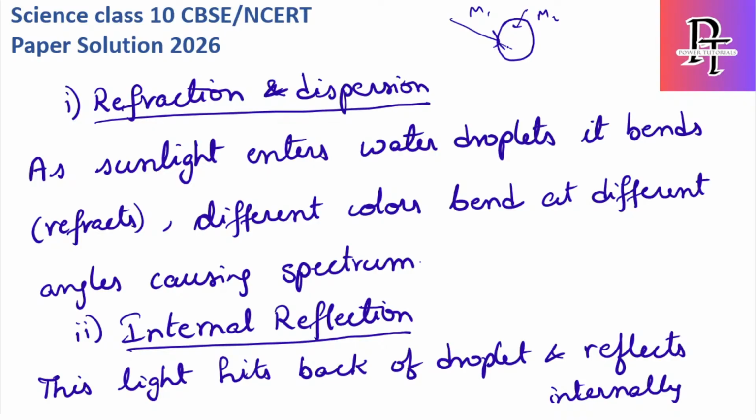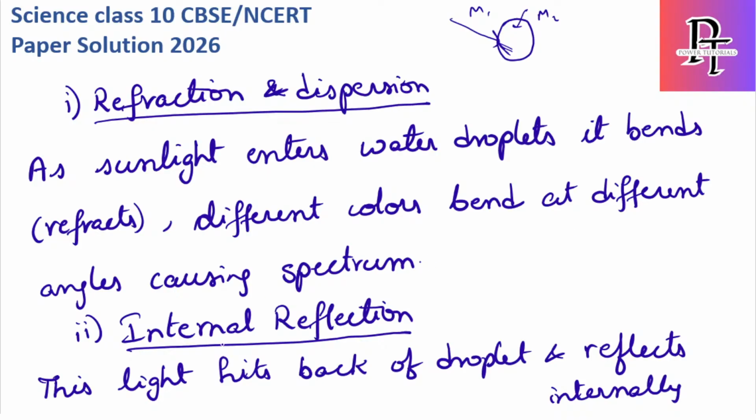So all these will get dispersed, similar to what you have studied in a prism. When a light ray passes through a prism, it refracts in different ways because all colors of light have different wavelengths. Same way here, the sunlight is white in color. When the sunlight falls on the water droplet, it disperses into 7 colors, and those bend depending upon their wavelength. You can see here different colors bend at different angles, causing a spectrum.